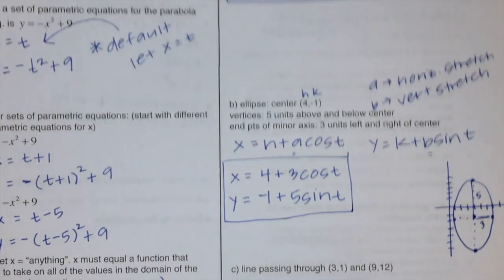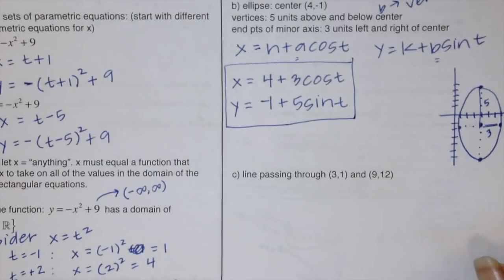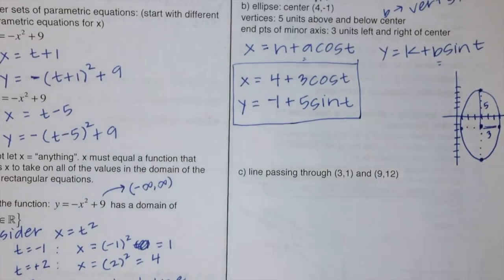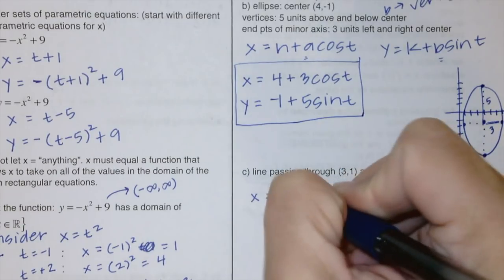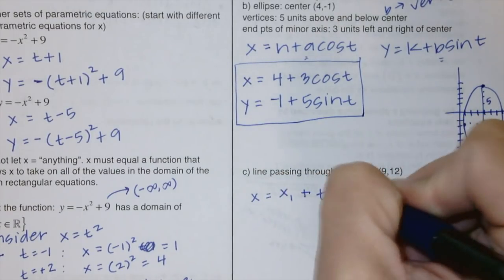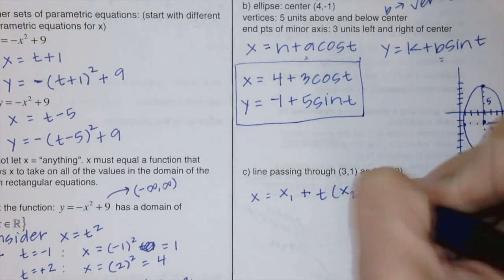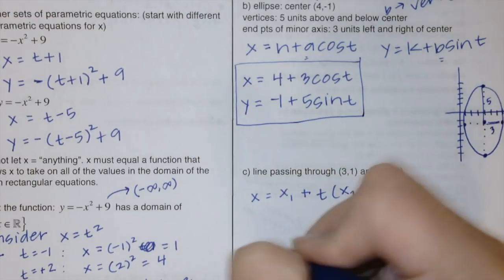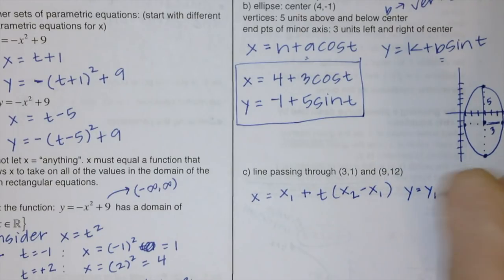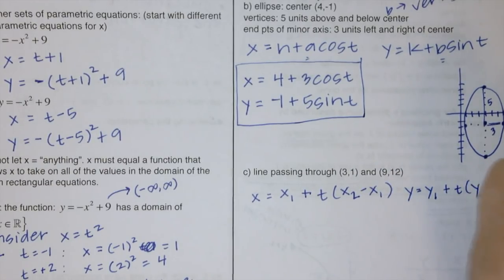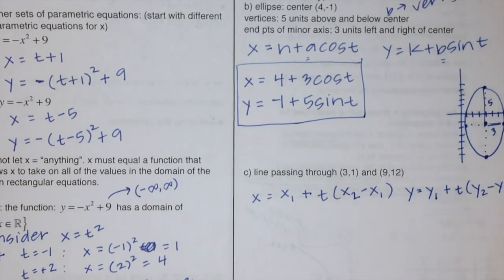Last one is the line passing through 3, 1, and 9, 12. How do you do those? Well, look down below at your equations. X equals x sub 1 plus t times x sub 2 minus x sub 1, and y equals y sub 1 plus t times y sub 2 minus y sub 1.